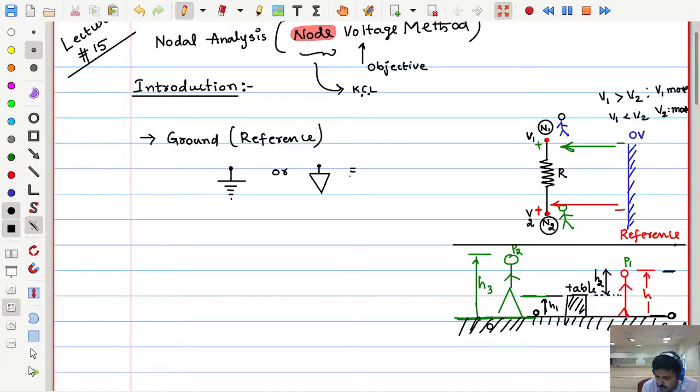So what is its corresponding voltage? 0 volts. Once we put this kind of symbol at any node, we will understand that point as the ground or reference, whose potential is usually 0 volts.